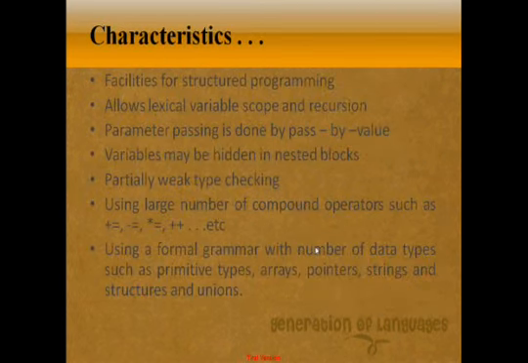The characteristics of C: facilities for structured programming, allows lexical variable scope and recursion, parameter passing is done by pass by value, variables may be hidden in nested blocks, partially weak type checking, using a larger number of compound operators, and using a formal grammar with a number of data types such as primitive types, arrays, pointers, strings, and structures and unions.